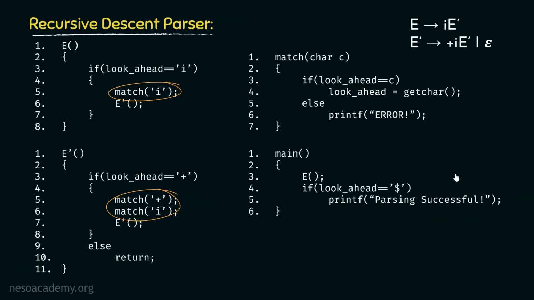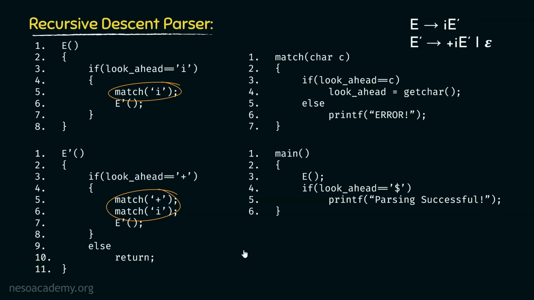Basically, in the input buffer, we are going to place this dollar symbol by the end of the input string. You can relate this with the strings or character arrays. In case of those, we actually have the null to denote the end of the array, don't we? Similar to that, here also in order to denote the end of the input stream, we will use this dollar symbol. And if that lookahead matches this dollar symbol, we will print this output parsing successful.